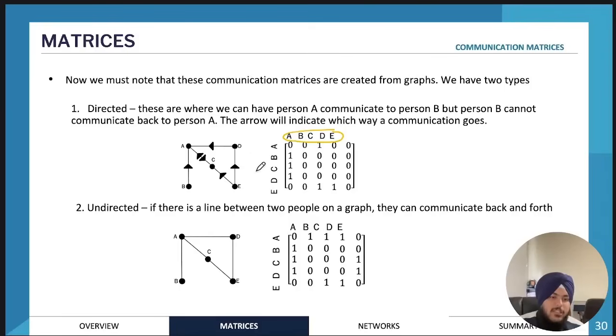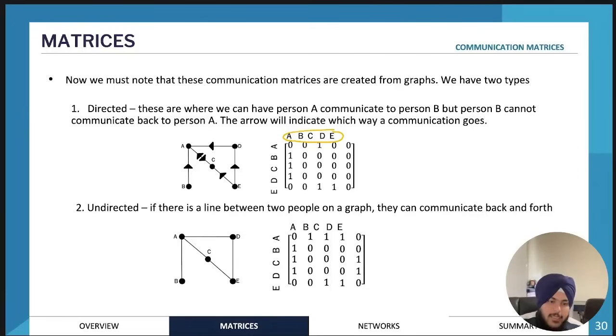Or you can send a message to someone in a higher position than you, but they can't send a message back to you, or the other way around. It just depends on what the situation is. But most of the time you'll be seeing undirected communication matrices.